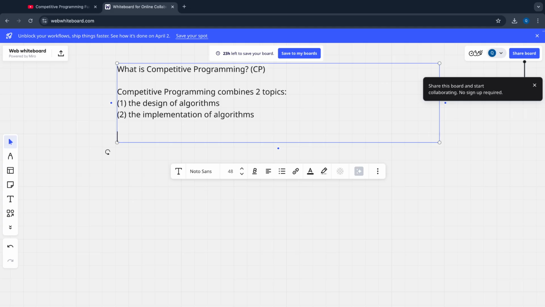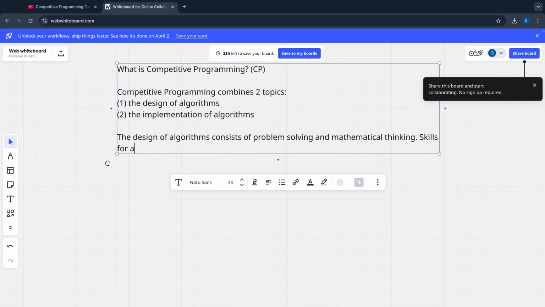To be more specific, the design of algorithms consists of problem solving and mathematical thinking. Skills for analyzing problems and solving them creatively are needed when it comes to CP.